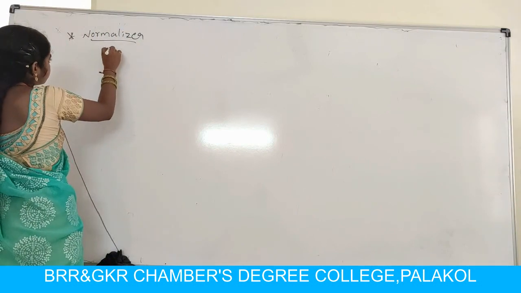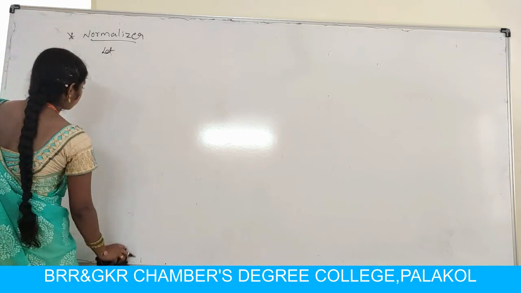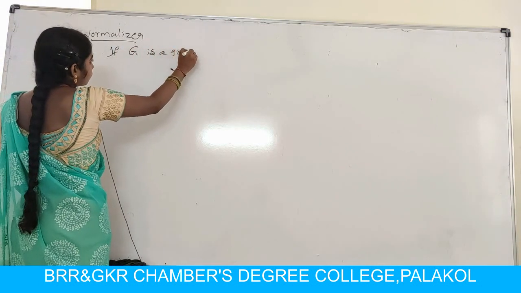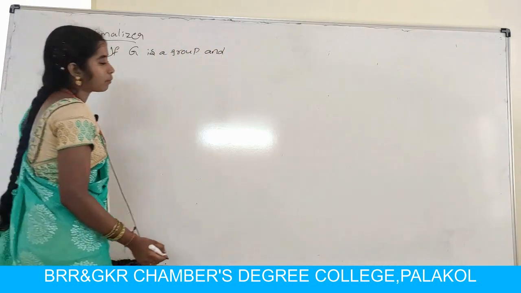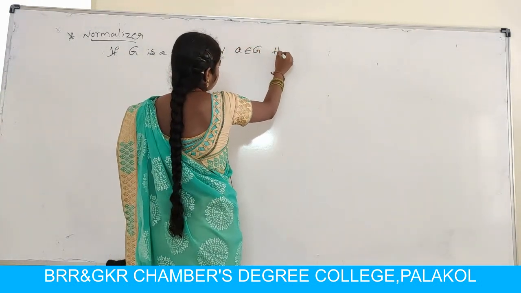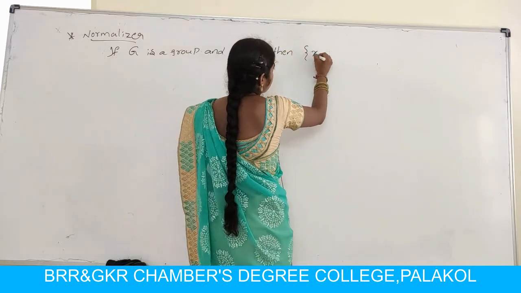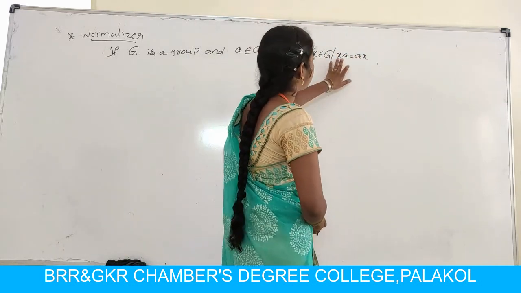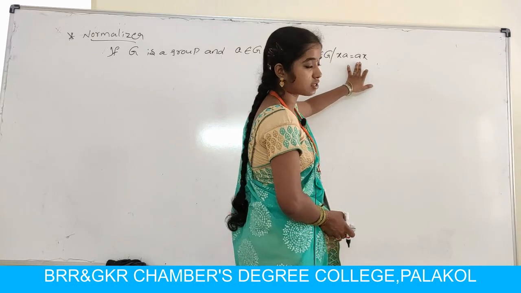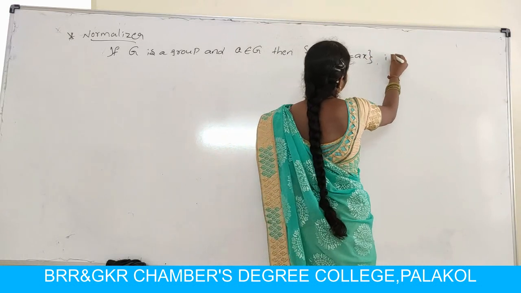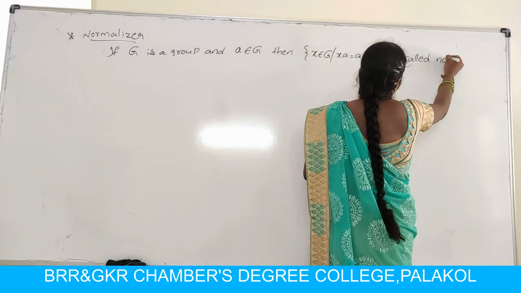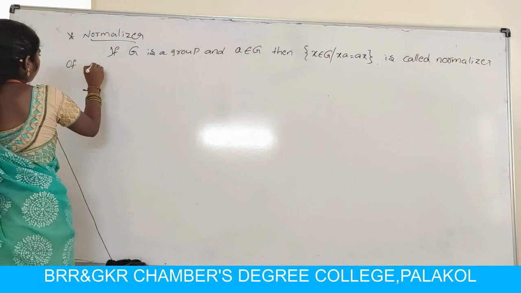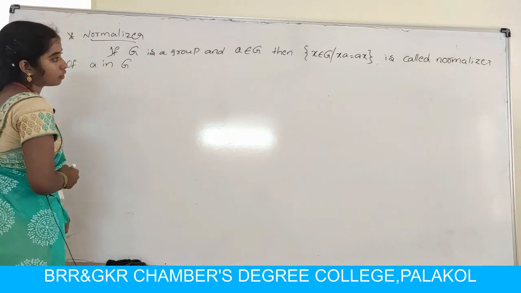So first of all, definition: if Z is a group and small a belongs to capital Z, then the set of x belonging to Z such that xa equals ax, so every element commutes, is called the normalizer of A in Z. So this is the definition.